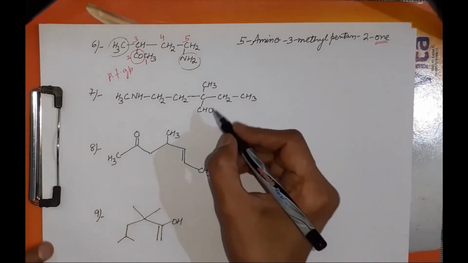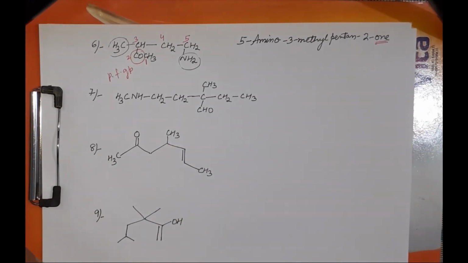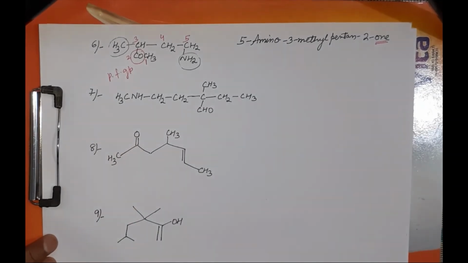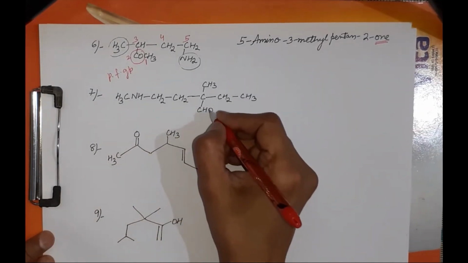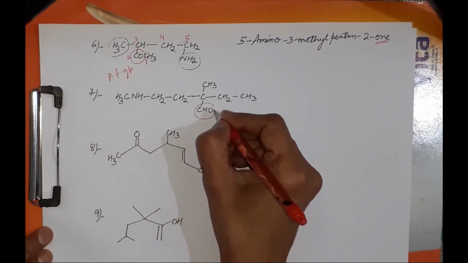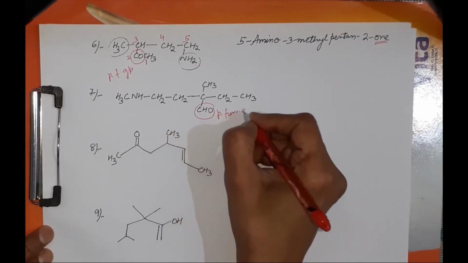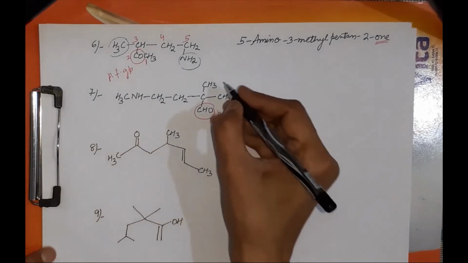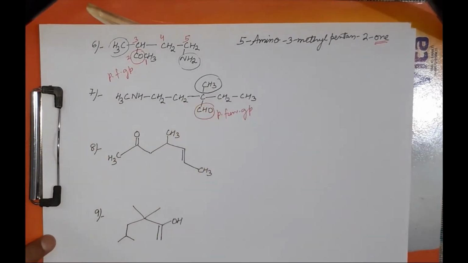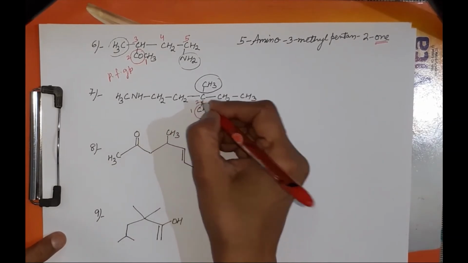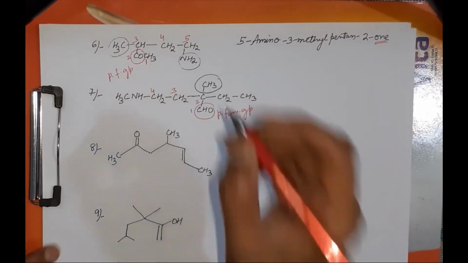Now coming on to the next example. Here we can see this CHO group is there and this NHCH3 is there. So this will be the principal functional group, the aldehydic group, and both these will be the substituents. First let me give the numbering: 1, 2, 3, 4.